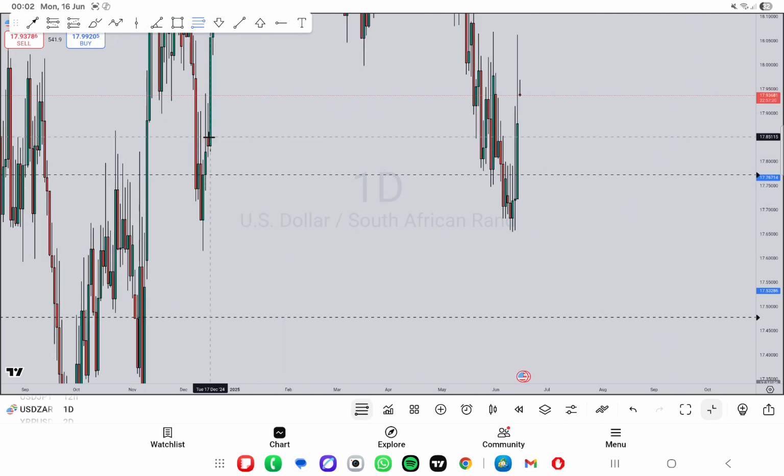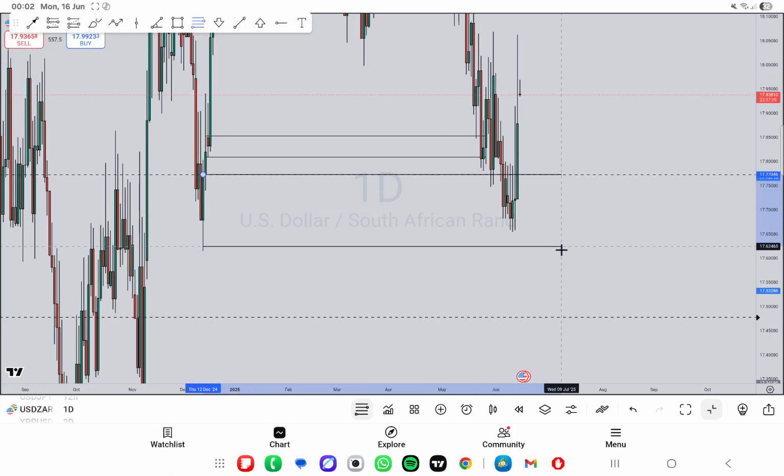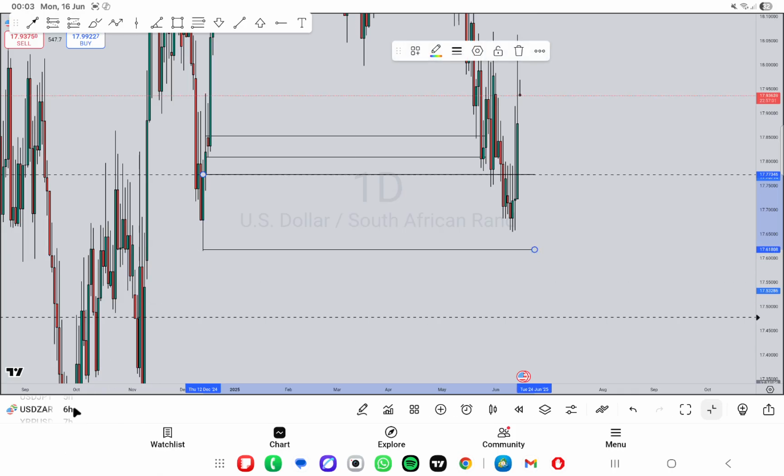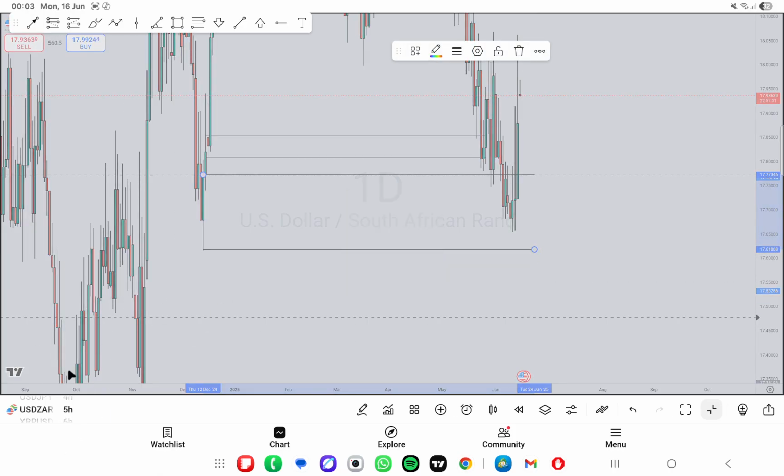Remember, the first trade that I took was here, the one that I got stopped out, break even. So now seeing the market drop, I waited down here. I think I refined this zone on the 4 hours. Let me go onto the 4 hour.